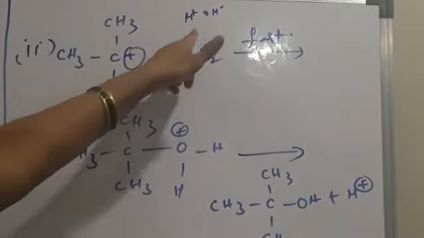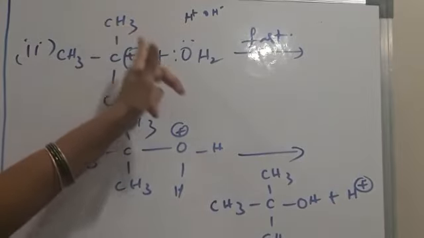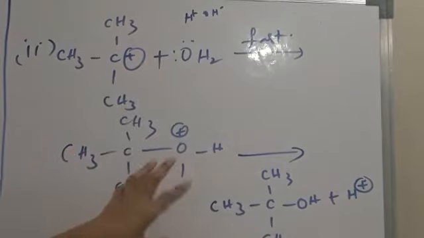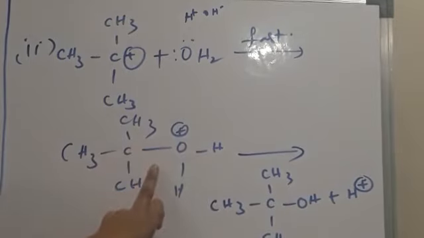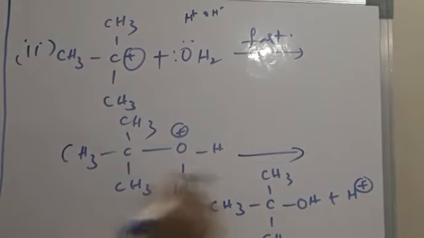It donates a lone pair of electrons to the carbocation. Okay. So here we get an intermediate compound like this. Okay, carbocation again. And finally we get the alcohol.